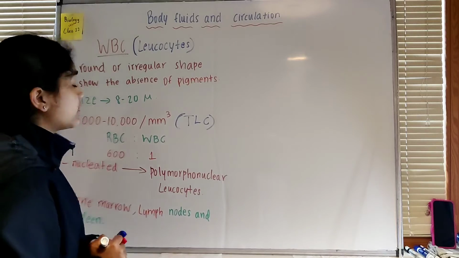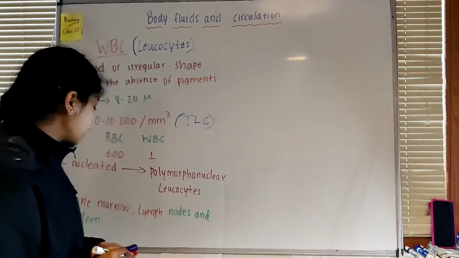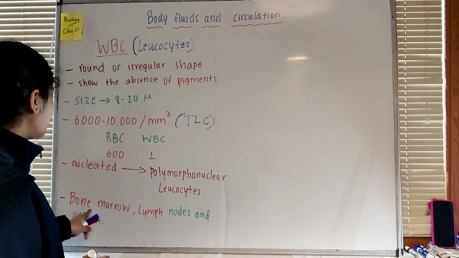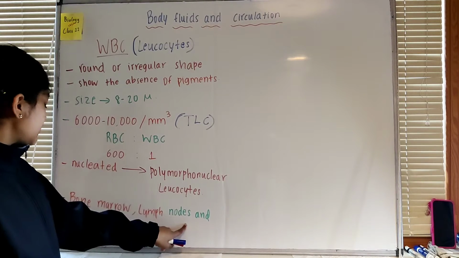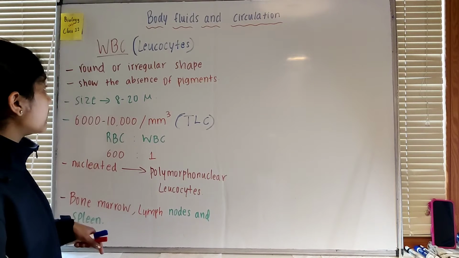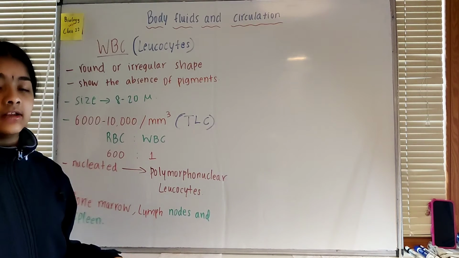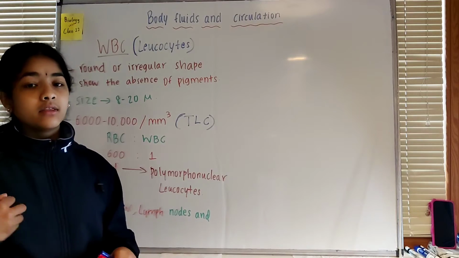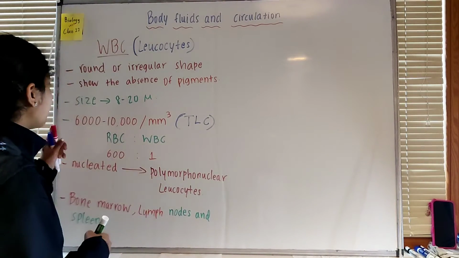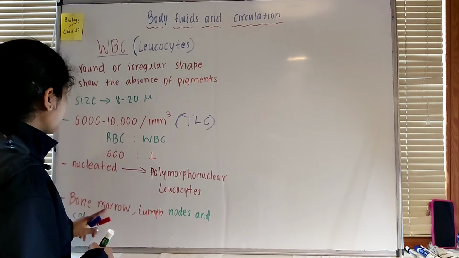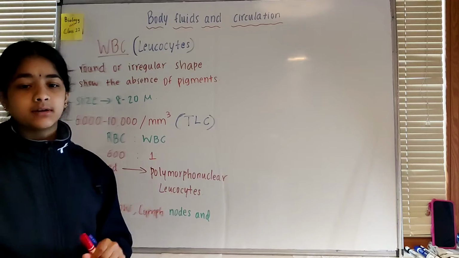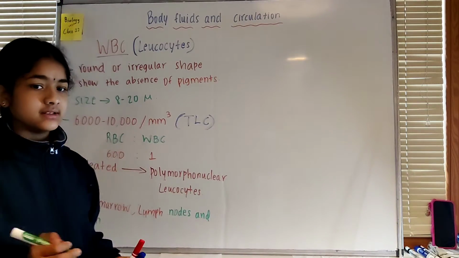We know that RBCs are produced in bone marrow, and WBCs are also produced in the bone marrow, as well as lymph nodes and spleen. In RBCs, we saw that RBCs are destroyed in the spleen. That's why the spleen is also known as the blood bank or the graveyard for the RBCs. But in case of WBCs, they are produced in the spleen as well. So these are some differences between RBCs and WBCs.